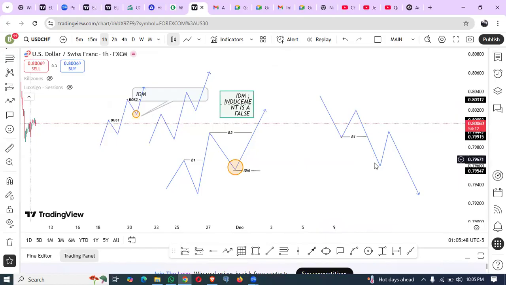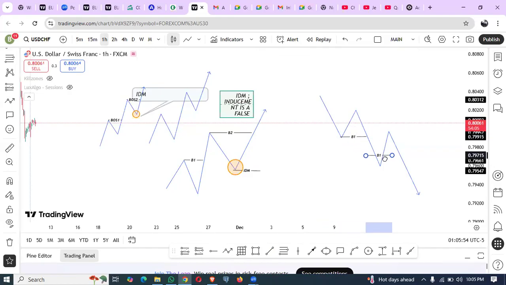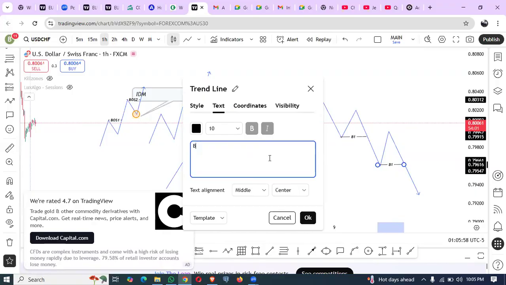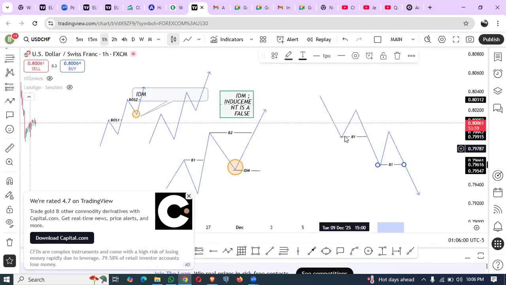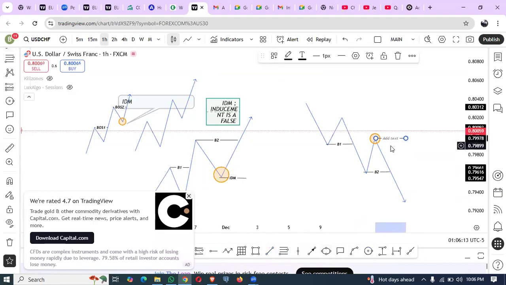That's your first sell, second sell. So once you've had your B2, the origin of that B2 is your inducement. The origin of that B2 is your IDM. That's how to read price properly, IDM.